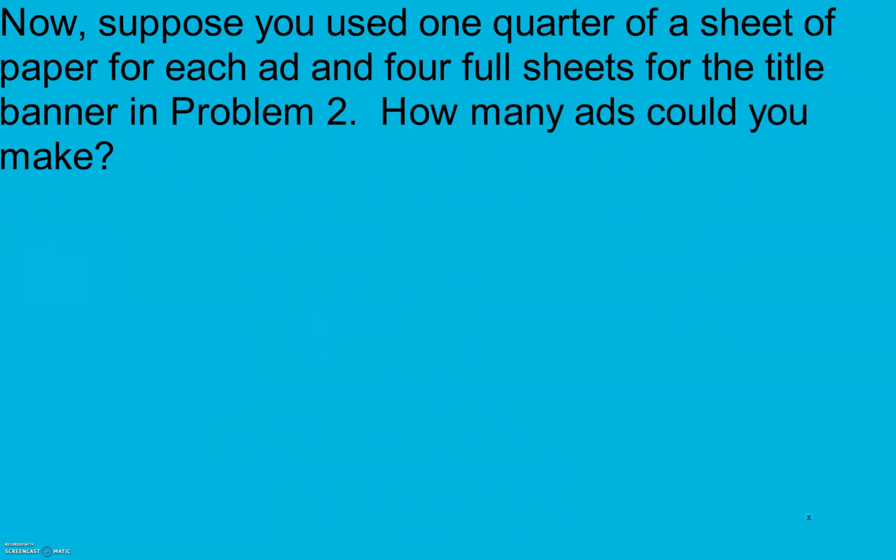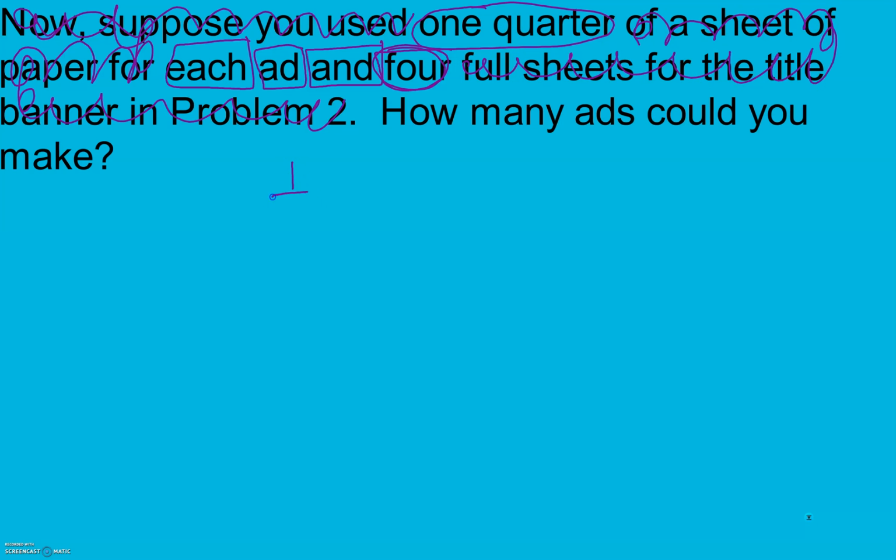Now, suppose you used 1/4 of a sheet of paper for each ad and 4 full sheets for the title banner in problem 2. How many ads could you make? So we used 1/4 of a sheet for each ad and 4 full sheets for the title banner in problem 2, which just tells us that we still had 18 sheets of paper.